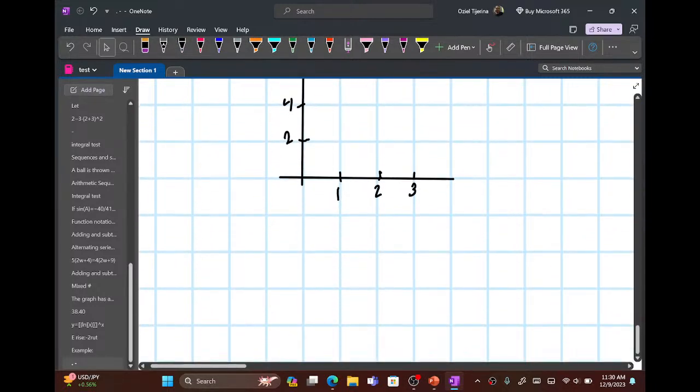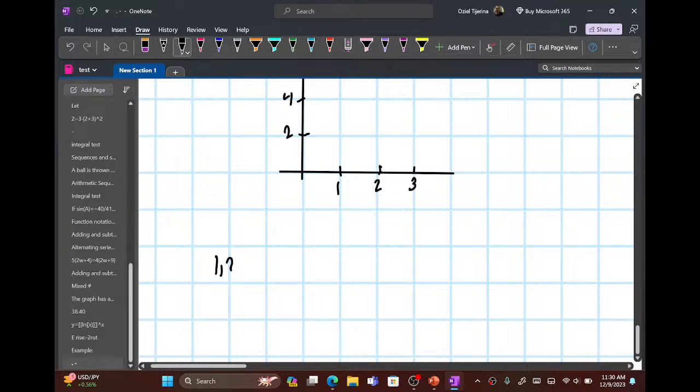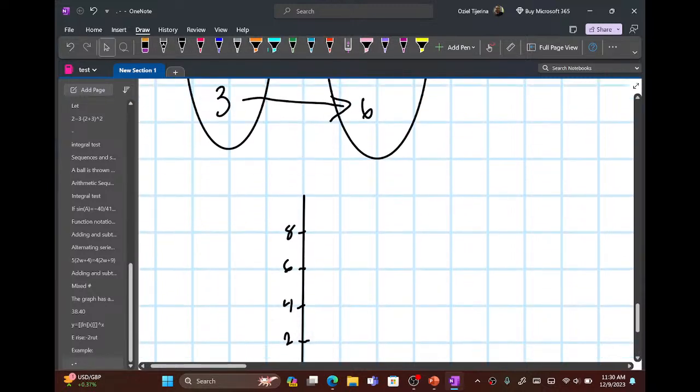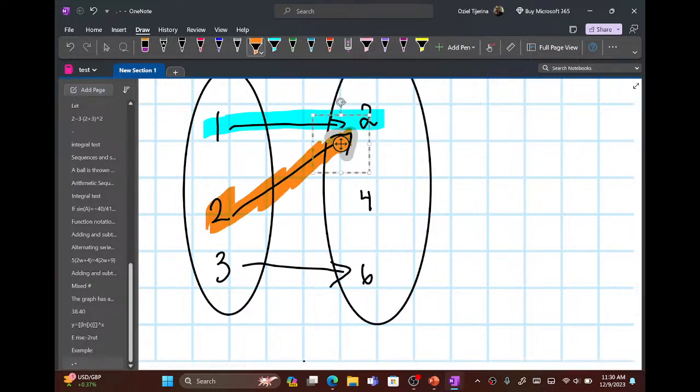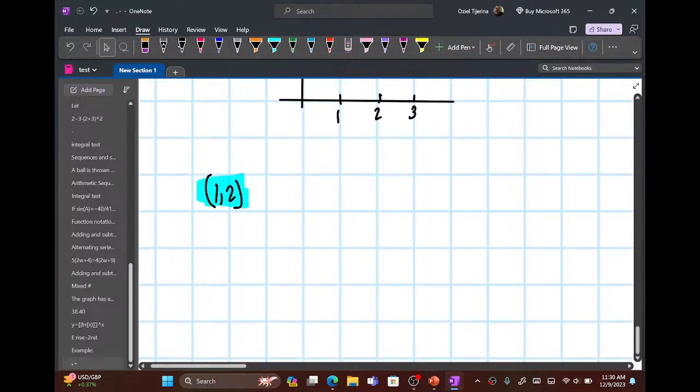We also know that there's a 2 paired to 2, so 2, 2.